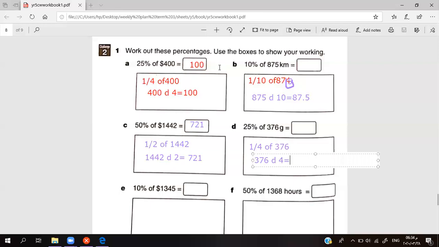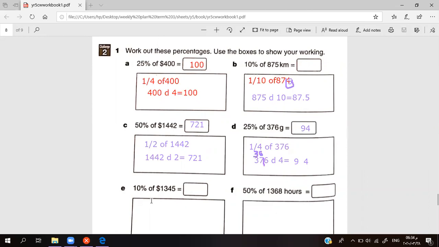So above it, I can write 36. What times 4 gives me 36? 9. The difference between 36 and 37 is 1. I write it here. What times 4 gives me 16? 4. So my answer is 94.